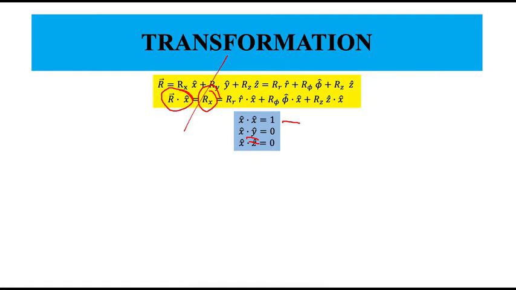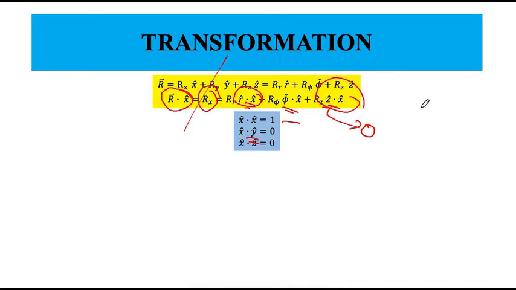Now I have to dot this r vector in cylindrical coordinates with the x hat vector, okay, right? So I do that, and this would be equal to r hat dot x hat, phi hat dot x hat, z hat dot x hat. The z component is equal to 0. So rx will be equal to rr times cos phi.